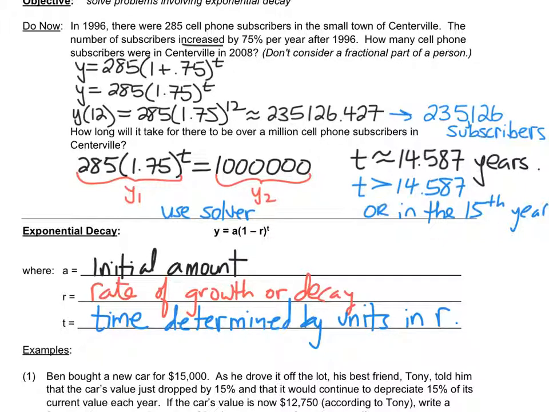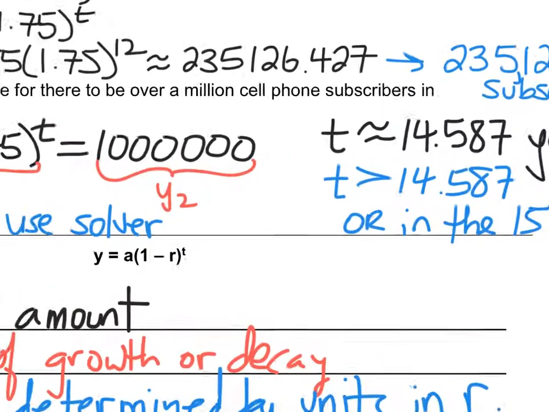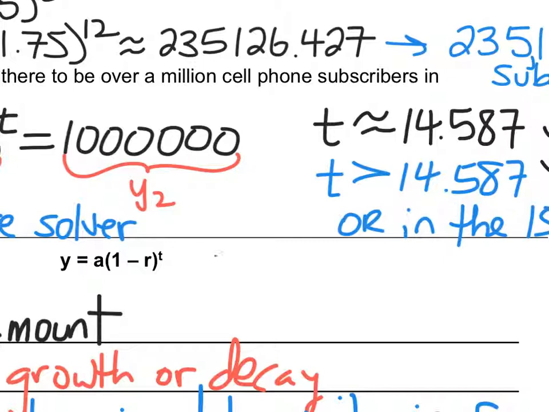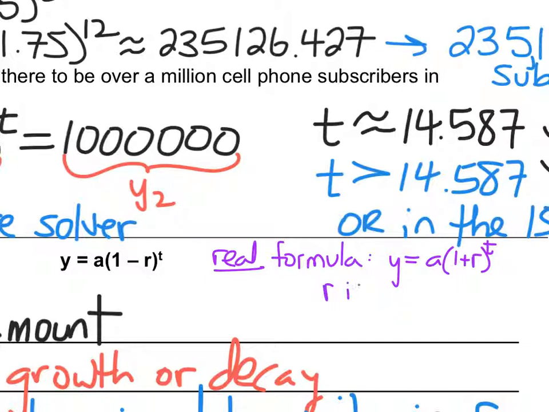But the real formula is y equals a times 1 plus r to the t. All right, so this new formula isn't really a new formula, because if r is positive, you're dealing with growth. If r is negative, it's decay.